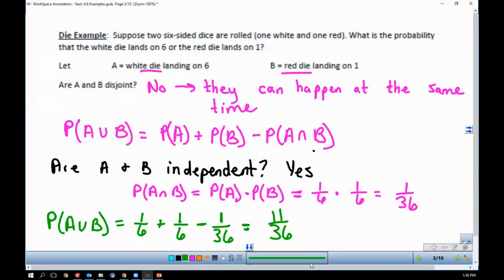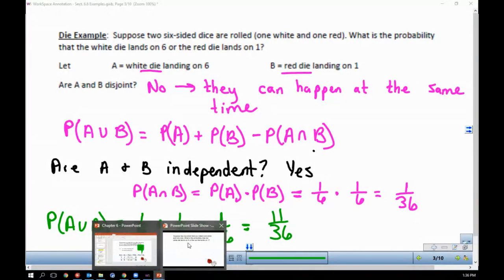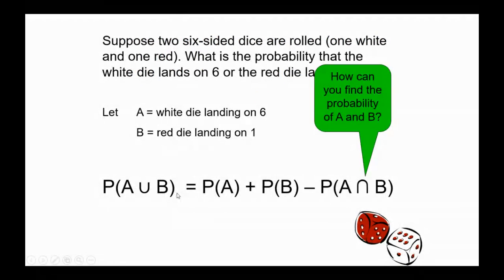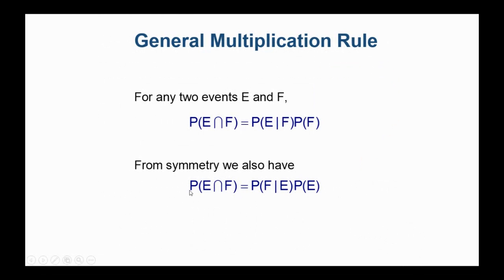Okay, on to the next topic then. So now we have the general multiplication rule. So we talked about the general addition rule. Now we're doing the multiplication rule.